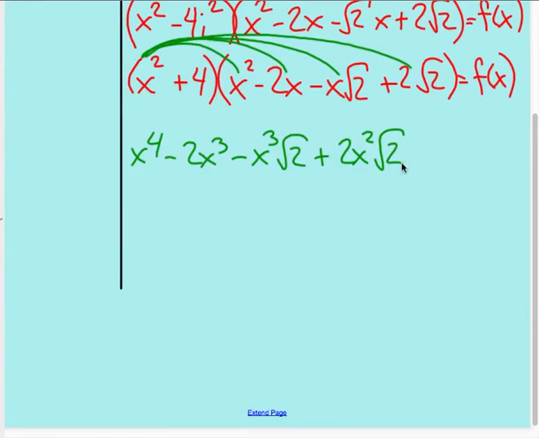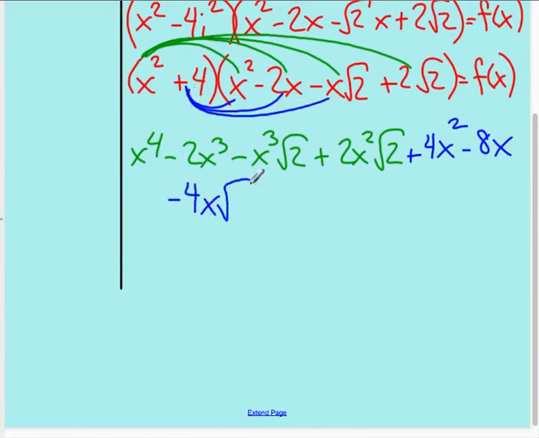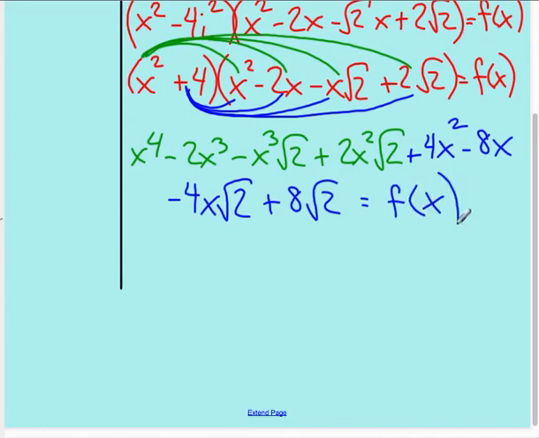All right, and then I need to distribute my 4, so I'm going to distribute it to each of the same ones. So we've got plus 4x squared minus 8x minus 4x square root of 2 and plus 8 square root of 2.